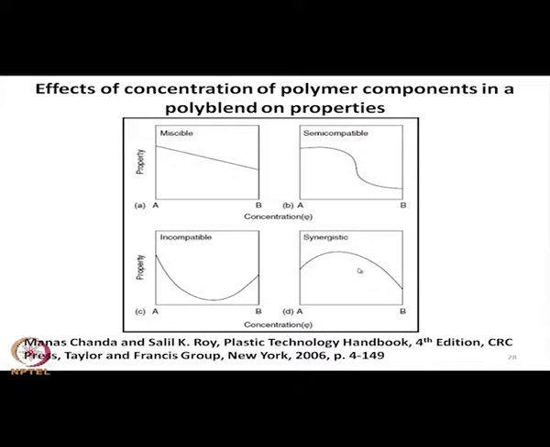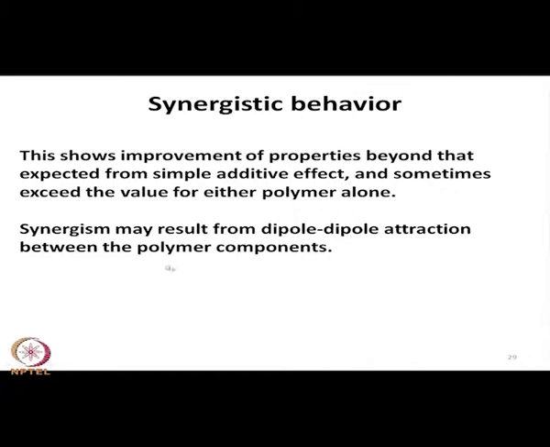Due to good miscibility and the effect of the dispersed phase, with good interfacial interaction between the dispersed phase and the matrix phase, there can be a synergistic effect or increase in properties at some intermediate composition. The synergism may result from dipole-dipole attraction between the polymer components.